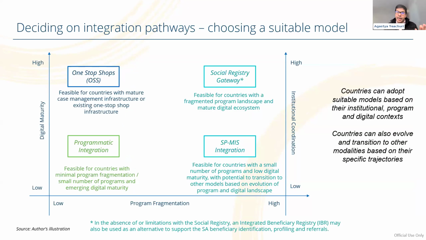For countries with high digital maturity, good institutional coordination and low program fragmentation, a one-stop shop model could be appropriate. Conversely, if program fragmentation is high, the social registry can act as a gateway to support multiple programs on the labor market side. And in cases where the social registry is not mature or not available, the SPMIS can do a similar function as well.